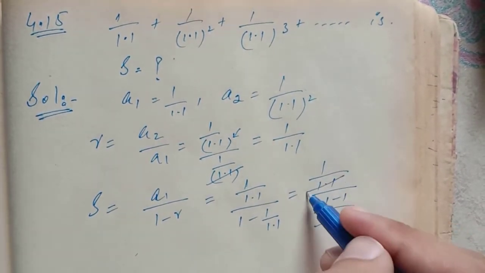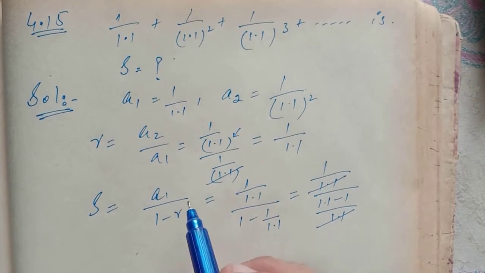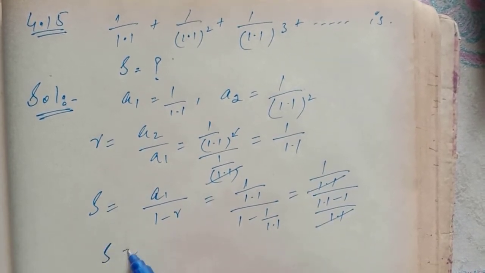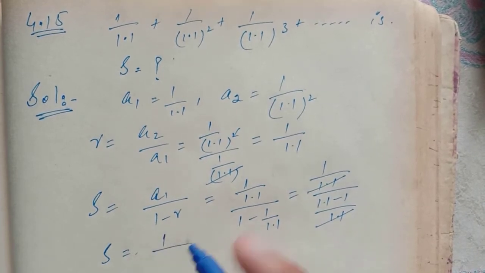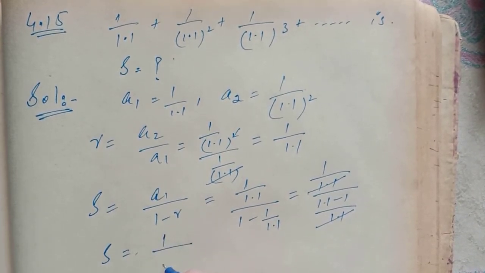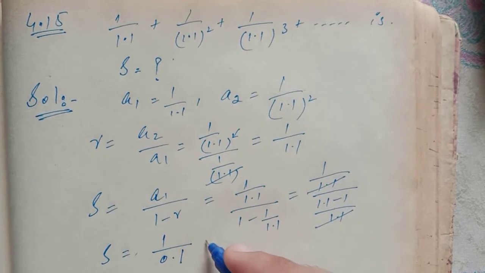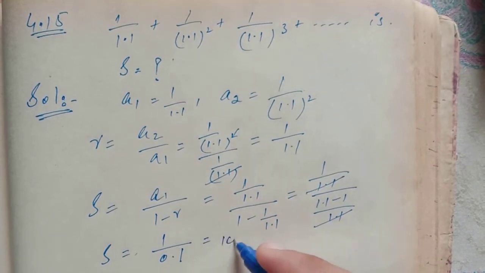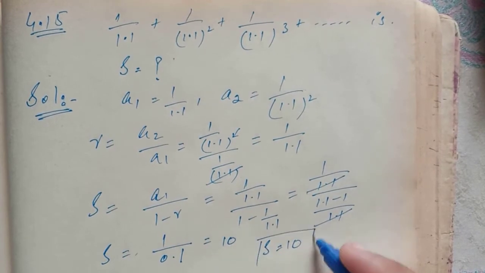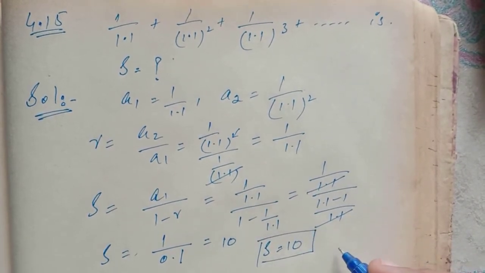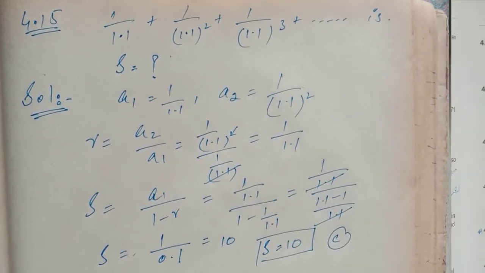So 1.1 cancel with 1.1, and now S equal to 1 divided by 0.1 and this equal to 10. So S equal to 10. Option number C is the answer of this question.